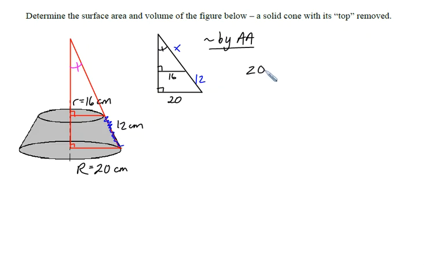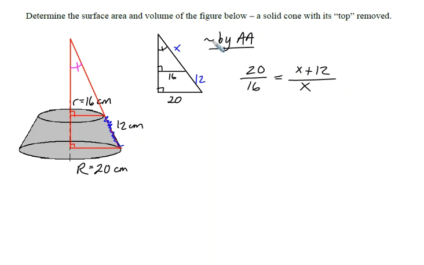Hence, we would have that 20 divided by 16, the base of the large triangle divided by the base of the small triangle, is equal to the slant of the large triangle, x plus 12, divided by the slant of the small triangle, which is x.